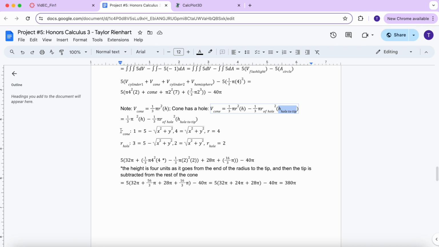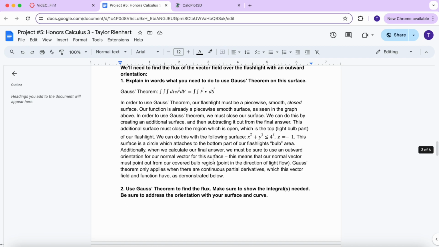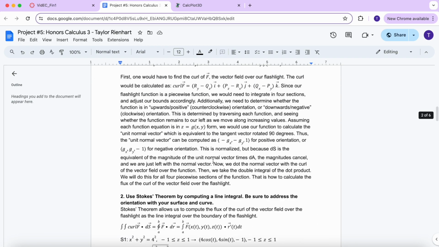The radius of the whole cone is found by setting the equation of our cone equal to 1, given our surfaces. Solving, we get that the radius is equal to 4. Solving the radius of the hole is the same thing, only this time we are setting our equation equal to 3, because z equals 3 is the surface that cuts our cone, as we know from up above where we have our 4 surfaces listed.